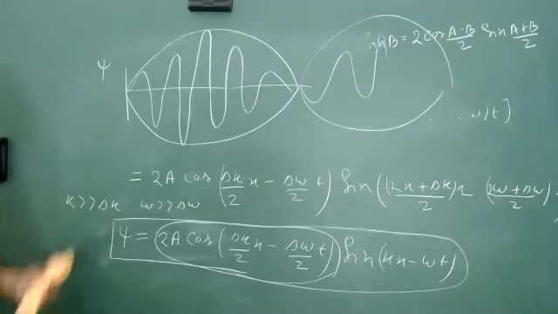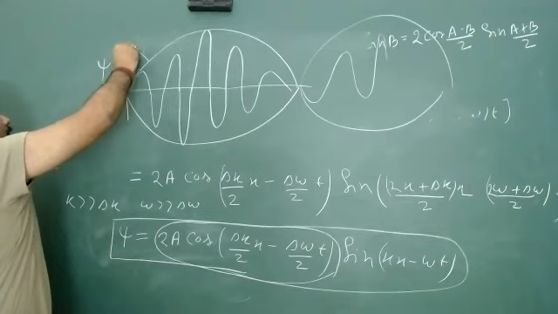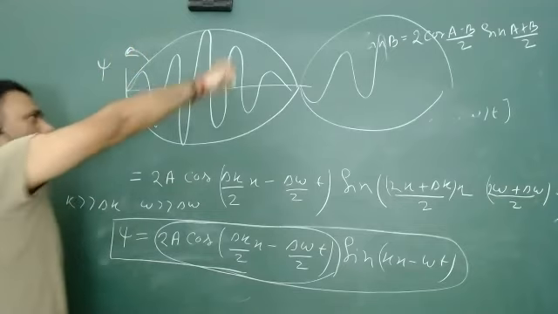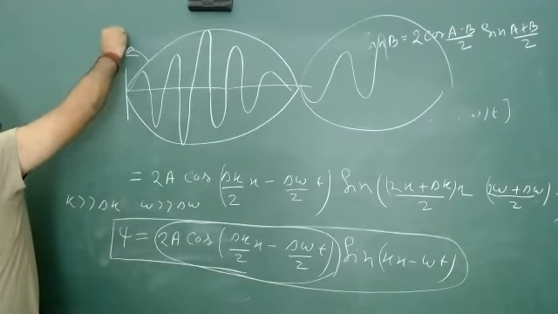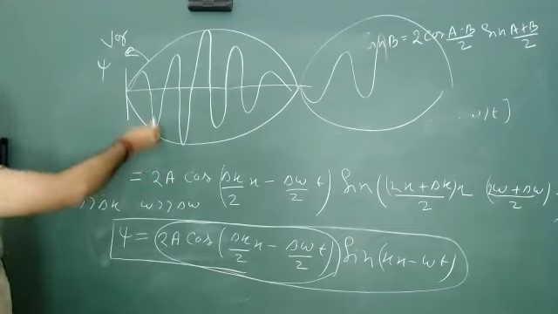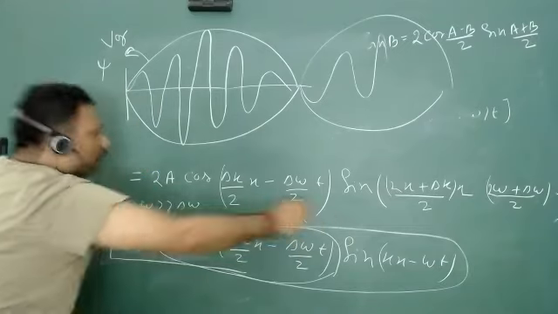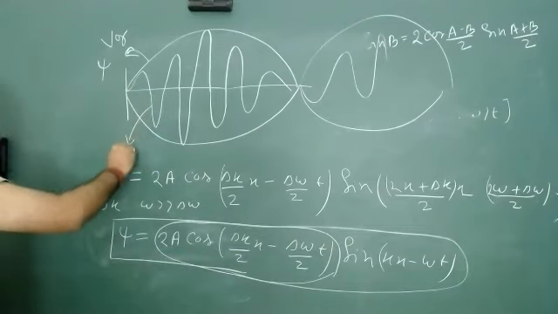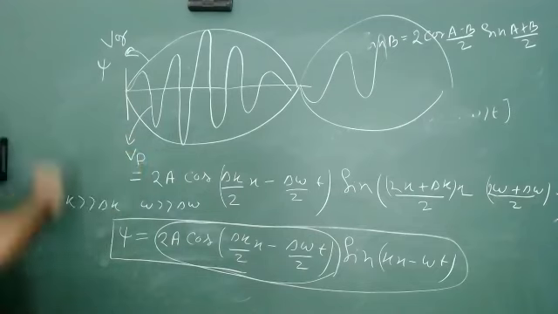So now the variation of amplitude is also like a wave. This is known as the group velocity, and inside it the sine wave moves with what is known as the phase velocity. So what is group velocity?